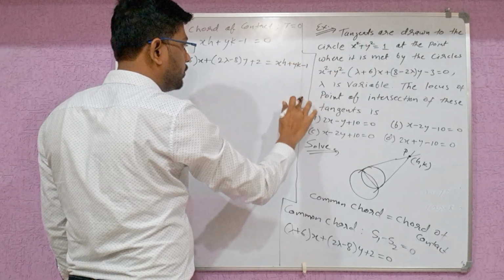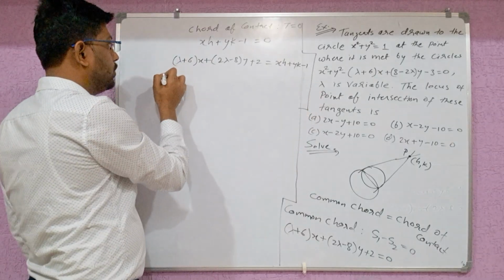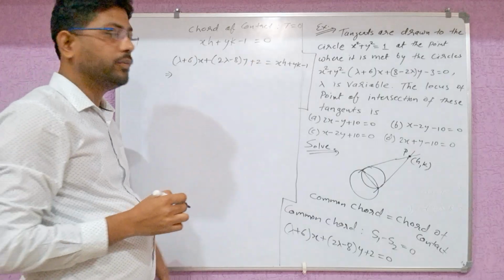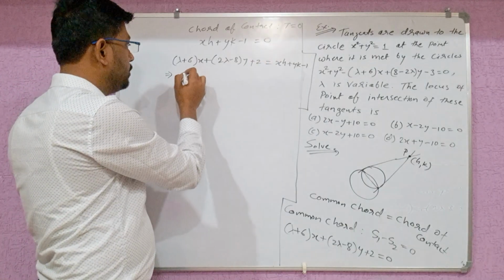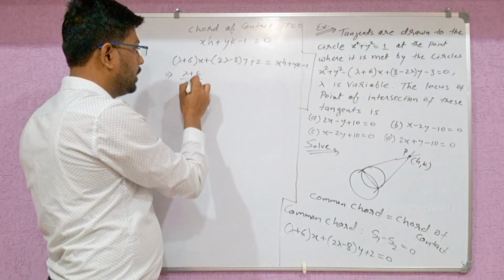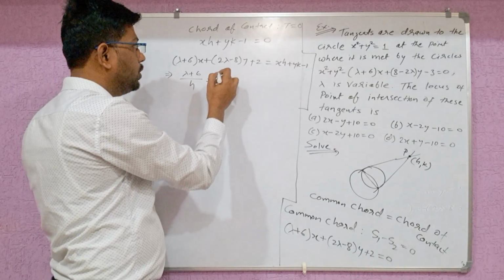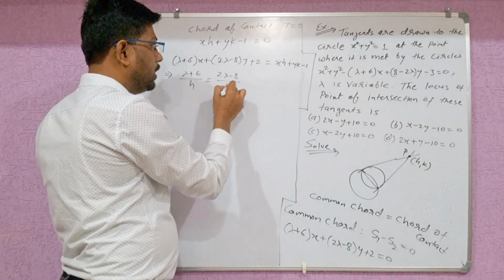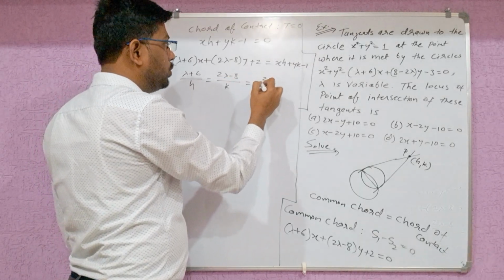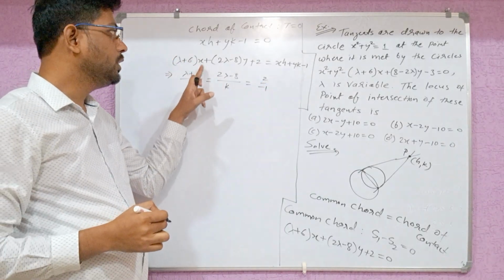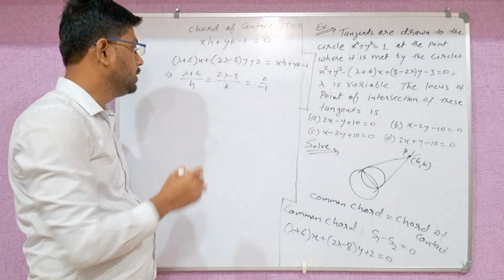Now on the left hand side and right hand side I can compare the coefficients, so lambda plus 6 by h is equal to 2 lambda minus 8 by k is equal to 2 by minus 1. I have compared the coefficients of x, y and the constant term.